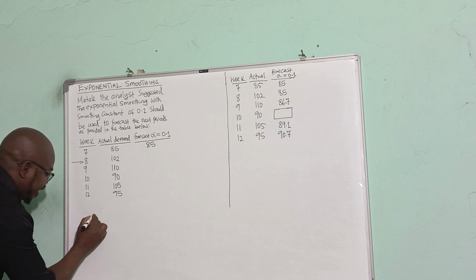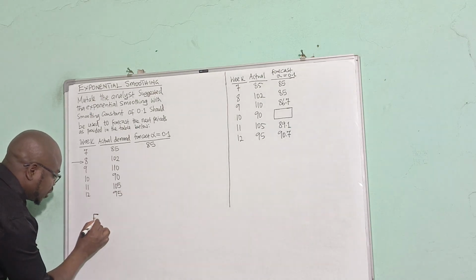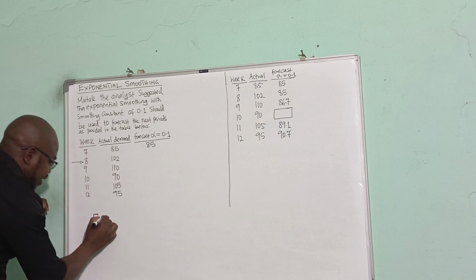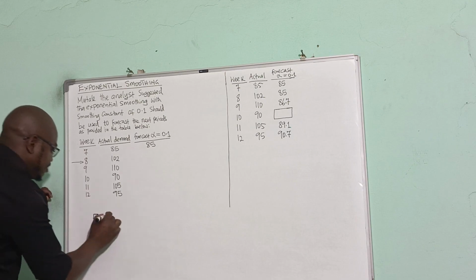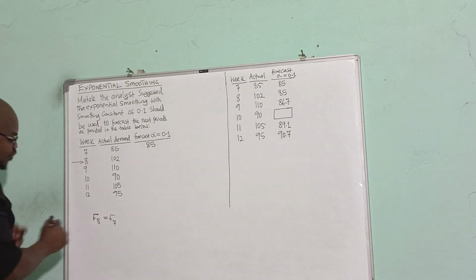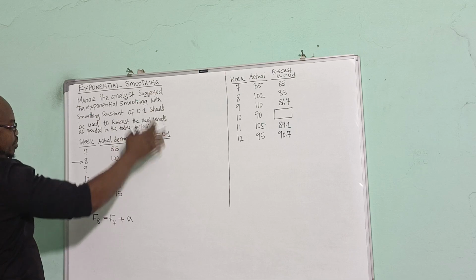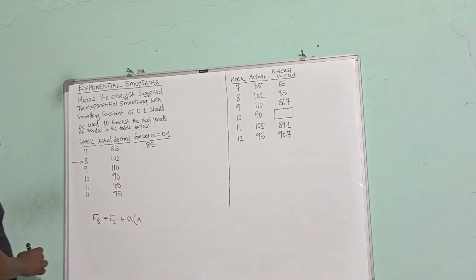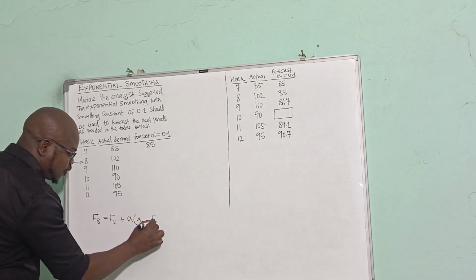The forecast for week 8, or period 2, is dependent on the figures for period 7. So I'll say the forecast for period 8 is basically the forecast for period 7, meaning I'll need the previous forecast for period 7, plus alpha, which is the constant factor that has been given, and then I open the brackets and say actual for period 7 minus forecast for period 7.